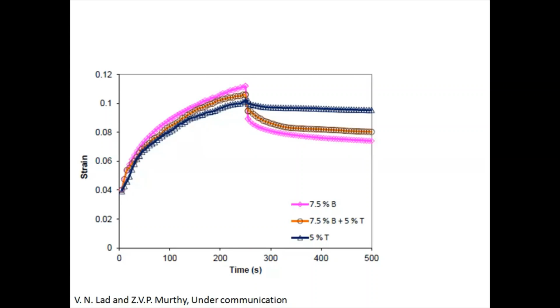So here in this figure, you can see this material is relaxing. Which material is having more relaxation? The material denoted by the pink colored bullet is relaxing more in comparison with the blue or brown one.